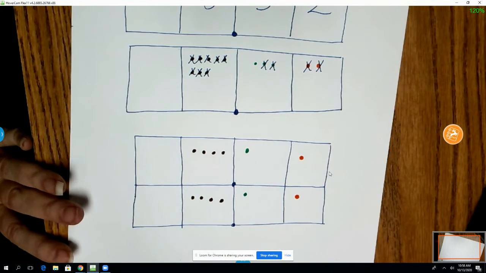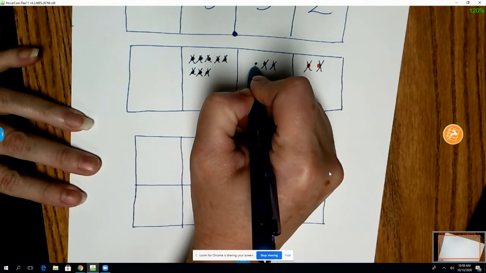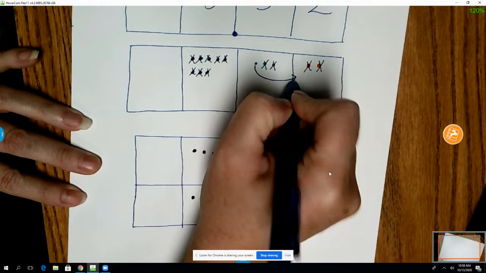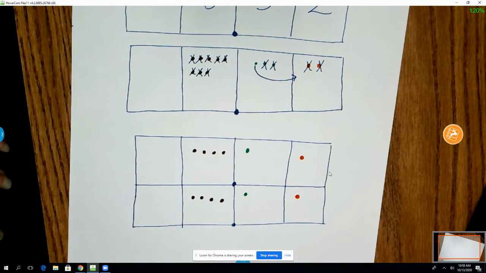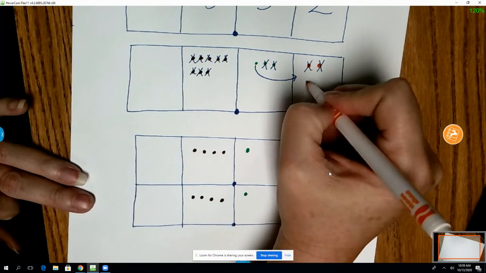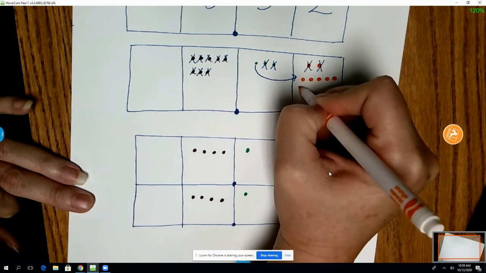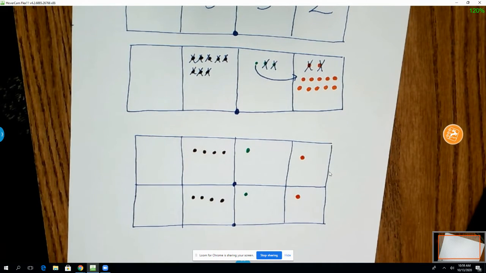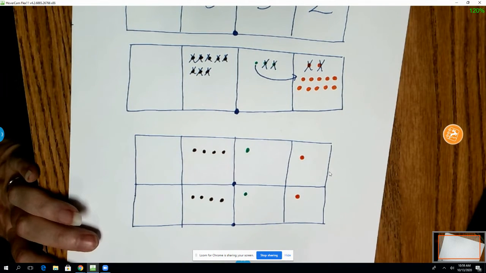But what I can do is unpack this bundle, meaning I'm going to take this bundle and separate it into those 10 groups that make them hundredths. 10 hundredths equals 1/10. So now I have 10 more hundredths, and those I can divide into 2 groups.